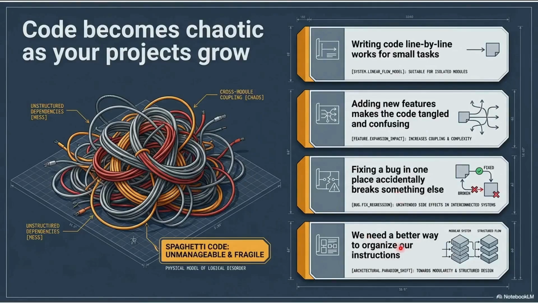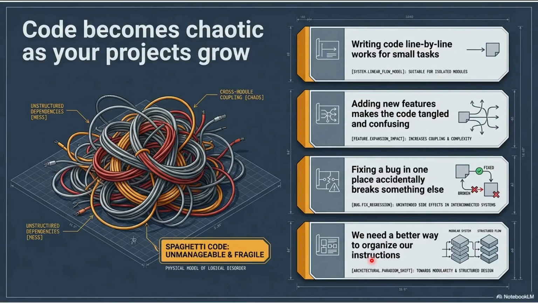So we need a better way to organize our instructions. The bottom line is we require OOPS to manage the code properly, and that's the reason why it has been introduced, so that we can manage a huge software with very little effort.